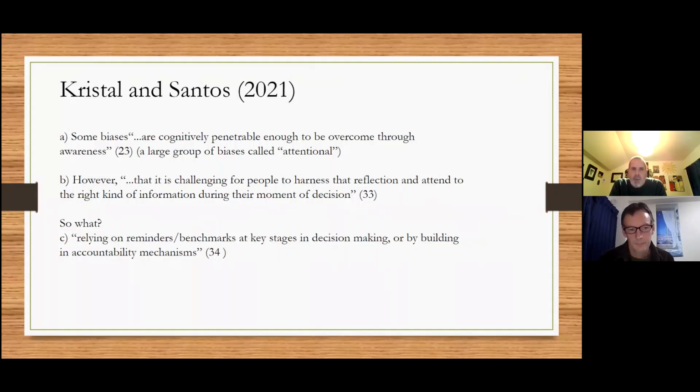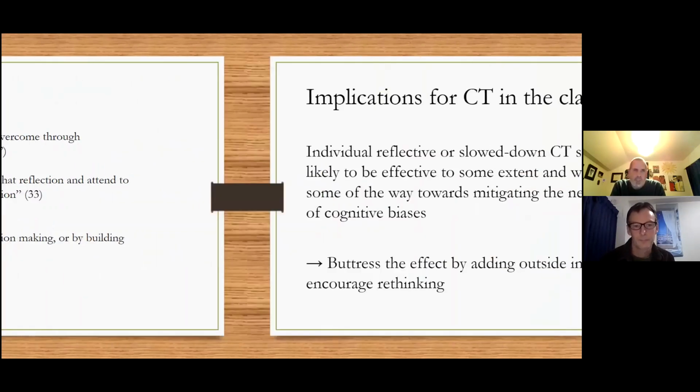So we need to promote rethinking, because it's being hindered. The biases attack this rethinking process. So what do we do? Well, we need to rely on reminders and benchmarks at key stages in the decision-making process. We need to build in accountability mechanisms. And I'll give you some examples for what that means.